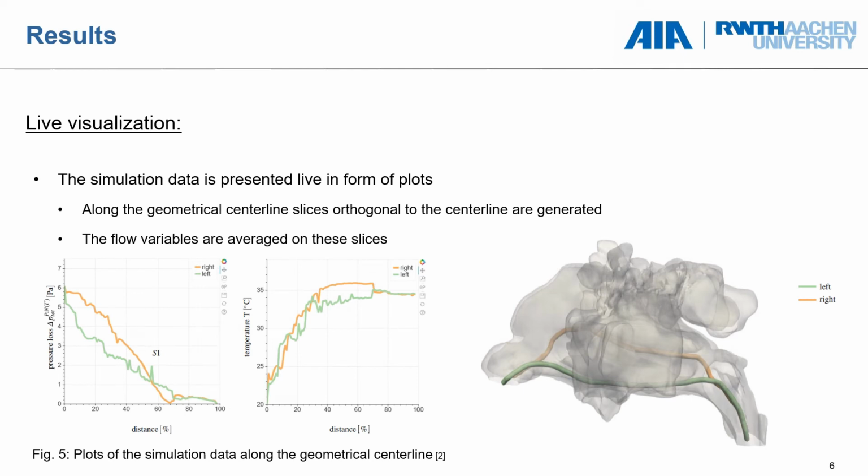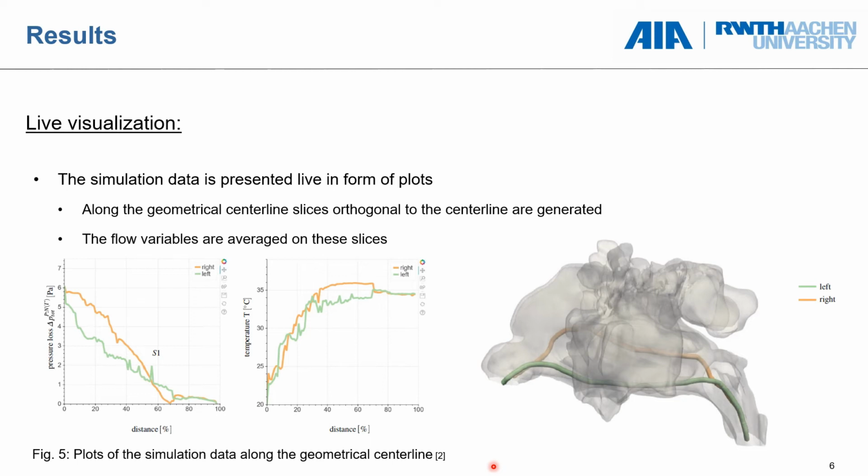Okay, now I come to the results, and I start with the results of the live visualization. So here you can see plots that are plotted live during the simulation, and you can see the simulation data, so the pressure loss and the temperature along this geometrical center line here for the left and for the right cavity of the nasal cavity.